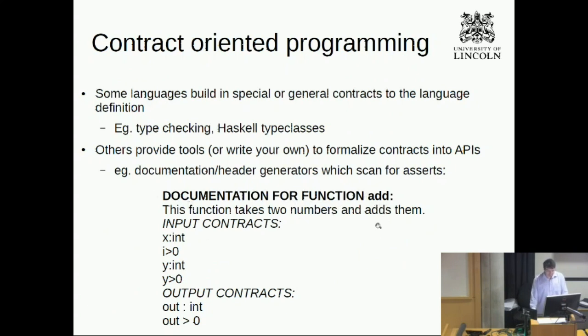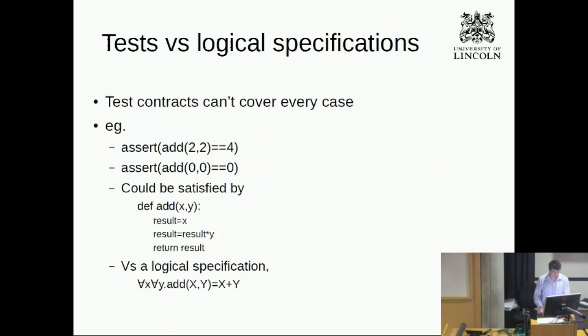It pulls out the comment, and instead of just promising what the types of inputs and outputs are, it pulls out all the contracts. You're saying this function only works if x is an int and it's greater than 0, and y is an int and this is greater than 0, and these are conditions on the output. Now, if anyone's code is incompatible with anyone else's code, we know exactly who to blame. We know, was it the person calling the function, or was it the implementer of the function?